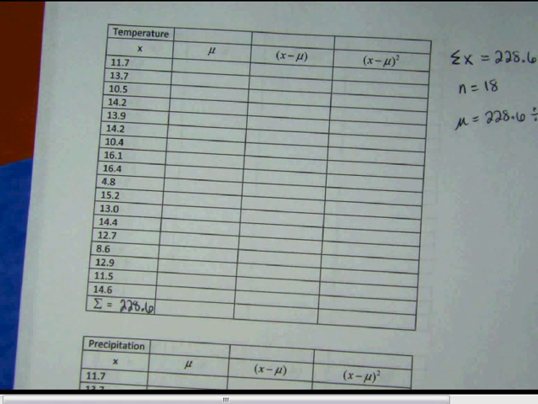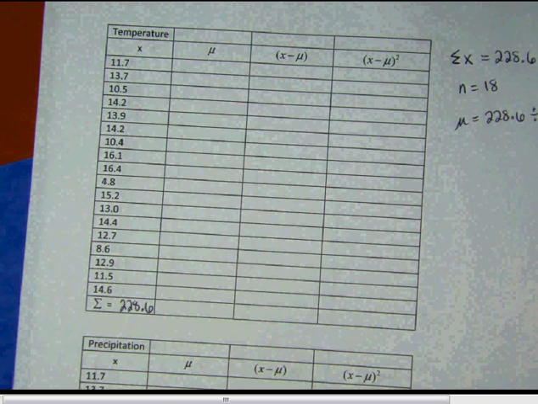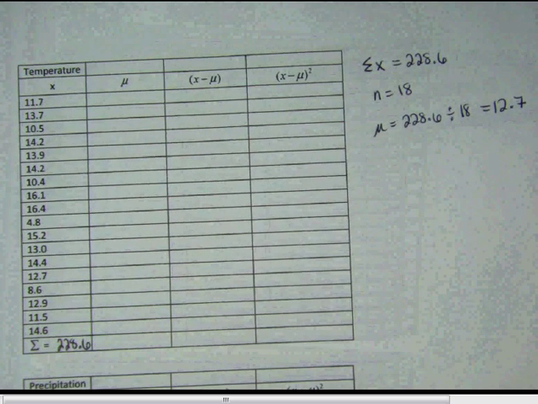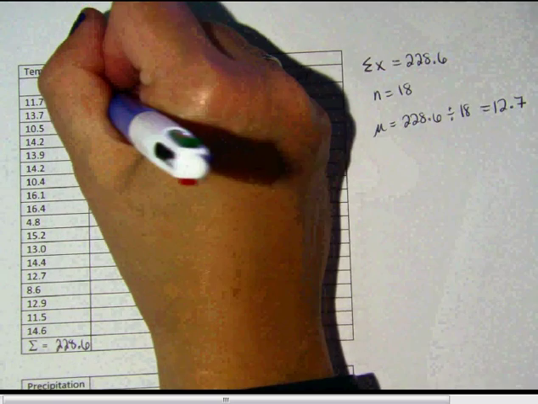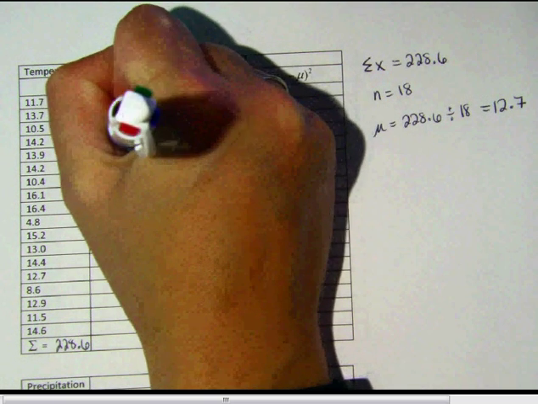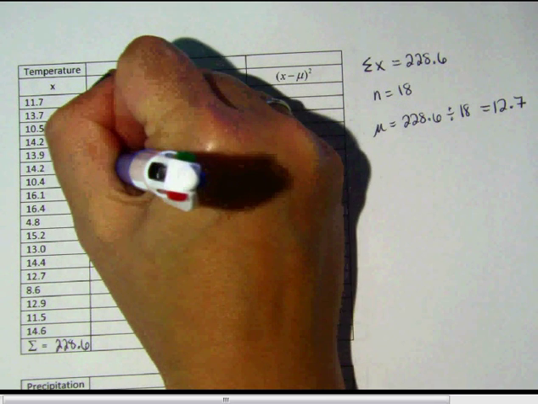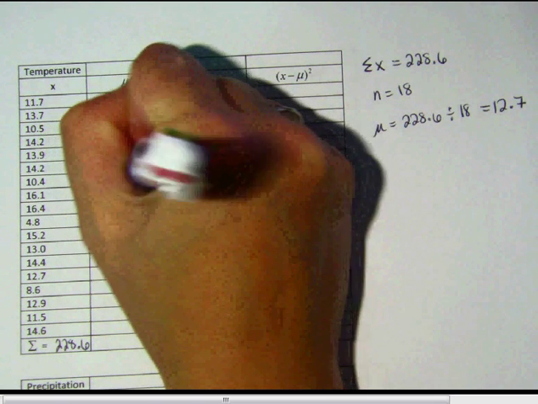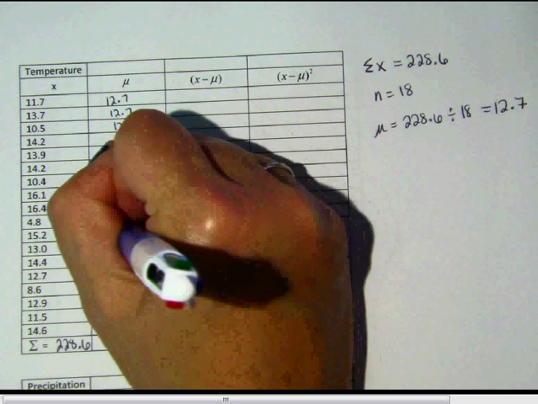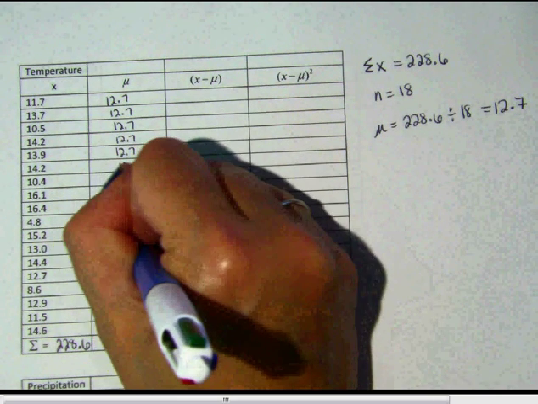Okay, which is 12.7. So the average is 12.7, so that goes here. As long as you remember, you always have to subtract 12.7.